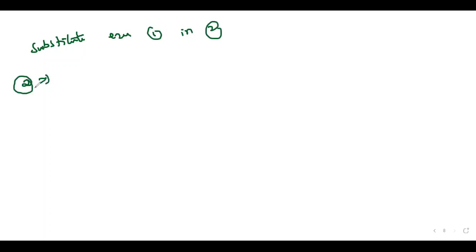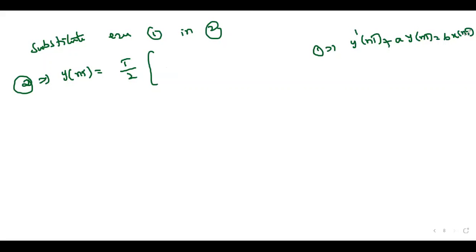Therefore, equation 2 can be written as y of nt is equal to t by 2 into this y dash of nt, which is from the first equation. y dash of nt plus a into y of nt is equal to b into x of nt, right? This is the first equation. From this, y dash of nt is equal to minus a into y of nt plus b into x of nt, right? This I will substitute here.